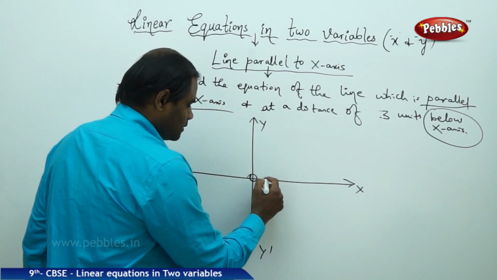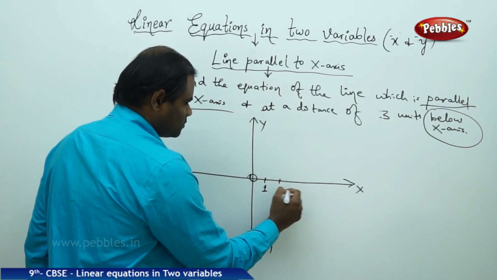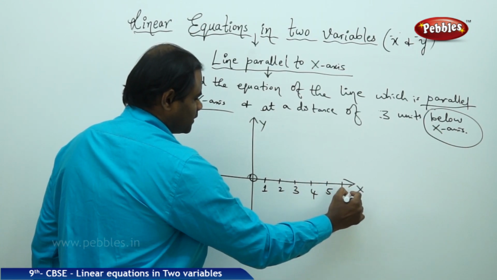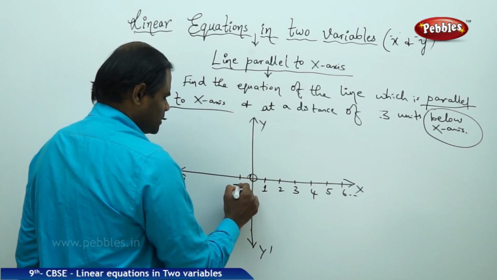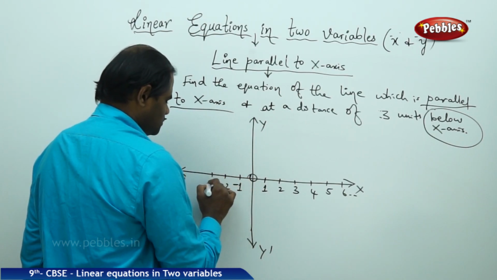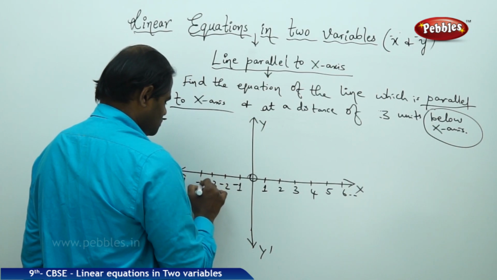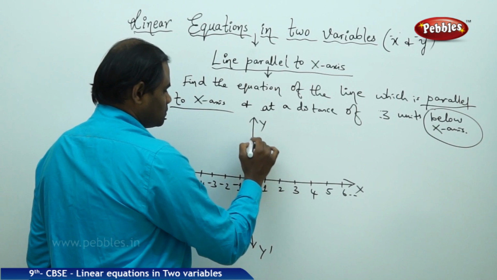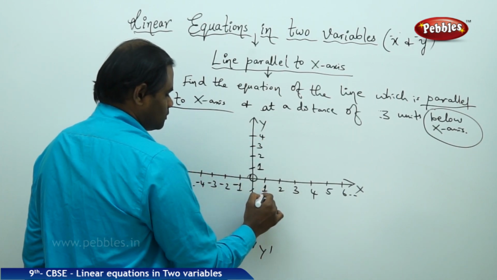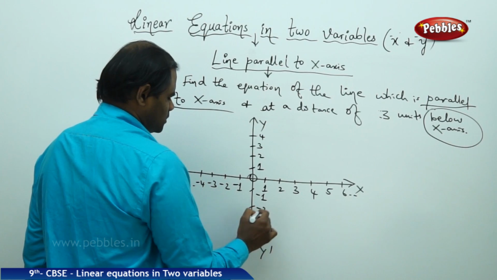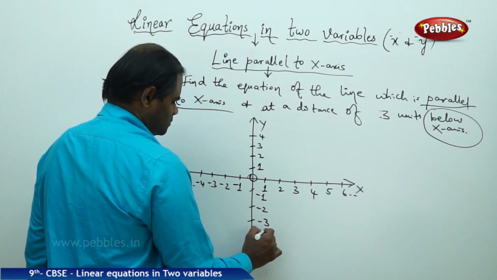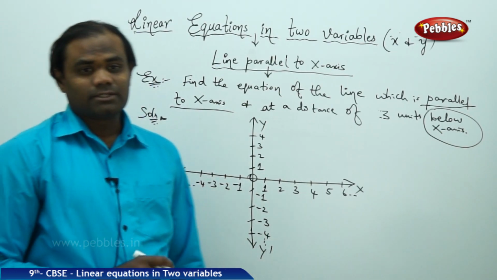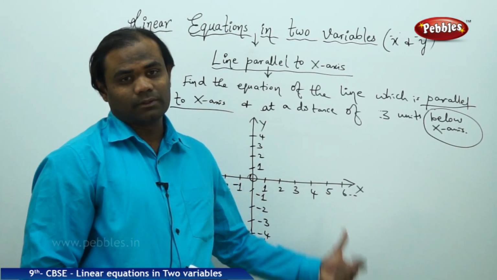So we take the scale 1, 2, 3, 4, 5 and 6, and then -1, -2, -4, and then 1, 2, 3, 4, -1. This is how we get the scale taken as 1 centimeter equal to 1 unit.